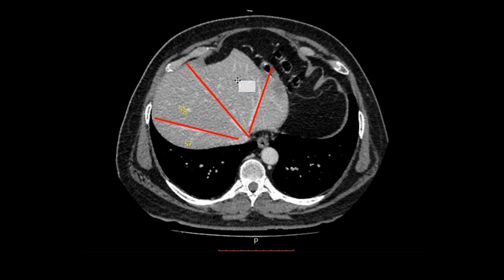This is segment 4 and this is segment 2. So this is the superior plane of the liver divided based on the left hepatic vein, the middle hepatic vein and the right hepatic vein, and the best phase to study this is the hepatic venous phase.